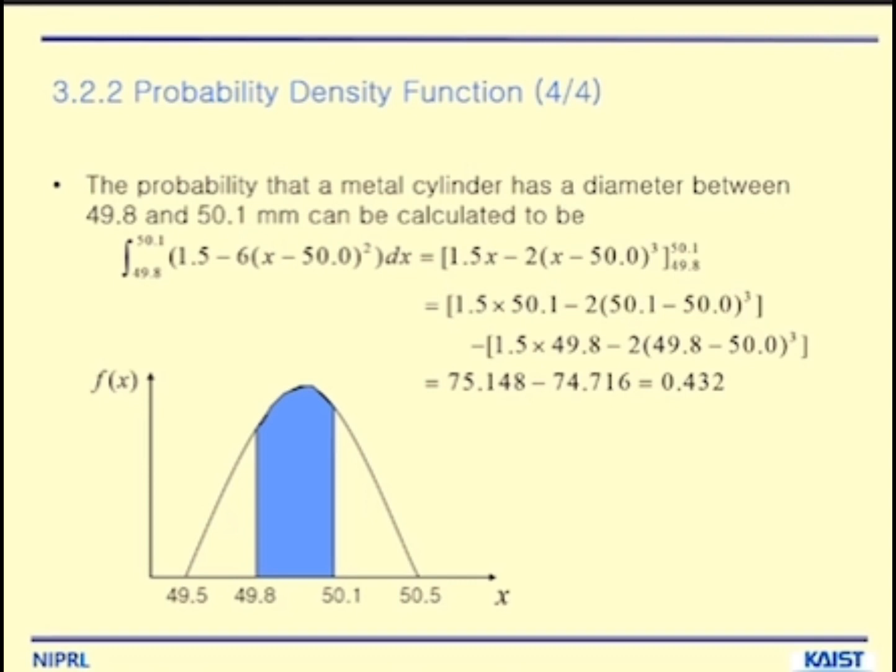Now, all I'm going to do is the same integration, except that what I'm plugging in this time around is different. I'm going to plug in 50.1 and 49.8. And in the end, what do I get? 0.432. Is 0.432 expected? Yes, because I'm not focusing on the total area under a curve.